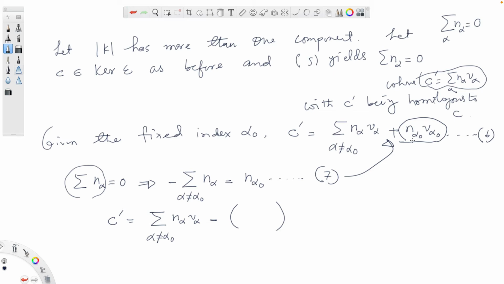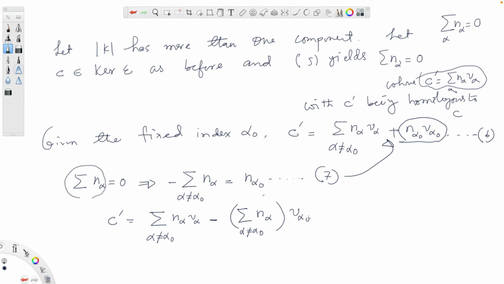from here, we are substituting the value of n sub alpha 0 here in 6 using 7, and that gives me this expression. Alpha is not equal to alpha 0 times V sub alpha 0.